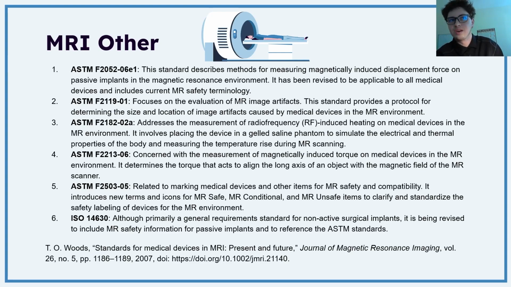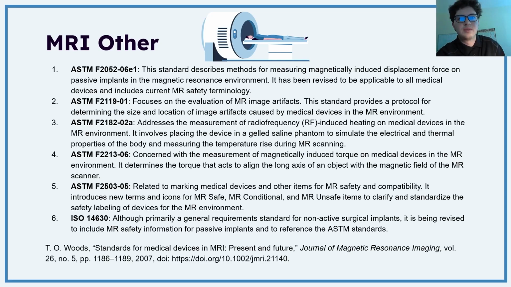F2119-01 is for your imaging artifacts. F2182-02a is for the RF-induced heating. F2213-06 is the measurement of the magnetically induced torque, similar to the magnetically induced displacement force, but specifically for torque. That's going to be very applicable in our orthopedic implants.